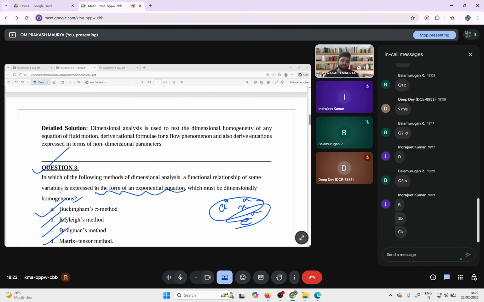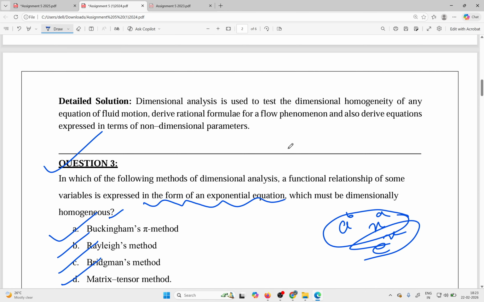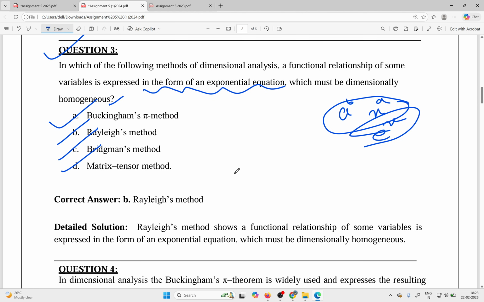Yes, Rayleigh's method. So you both are correct. In the exponential form we write the exponential equation, and it must be dimensionally homogeneous. We follow these things also in Rayleigh's method. Remember please, Rayleigh's method is very important. But sometimes Rayleigh's method has some limitation. That's why we go for the Buckingham Pi theorem.